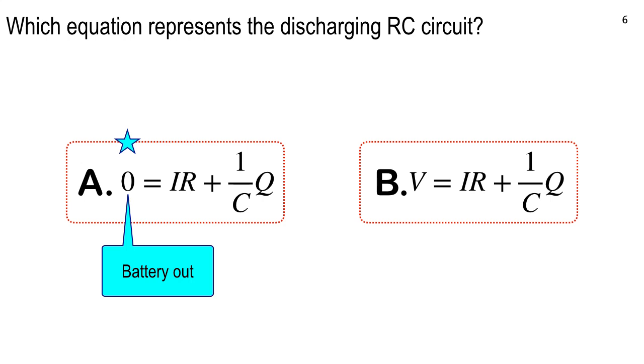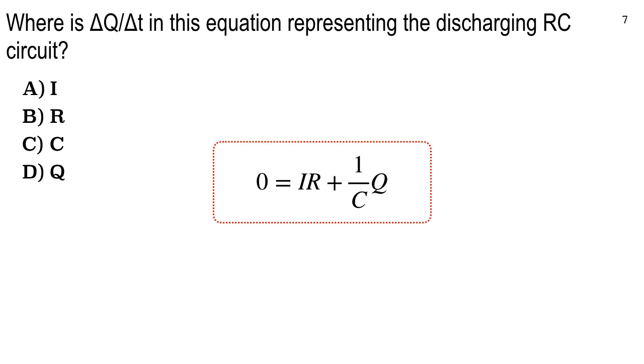Now, I'm leading you towards something from chapter 23. I'm going to give you a sneak preview of some stuff at the end of chapter 23. To do that, I'm going to ask you this question. It's a review question, but it's a good one. So there's the loop formula for the discharging circuit.